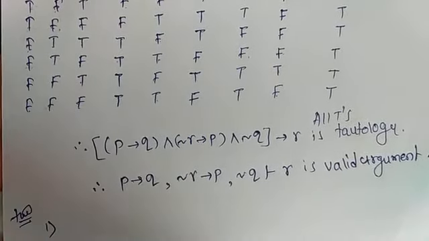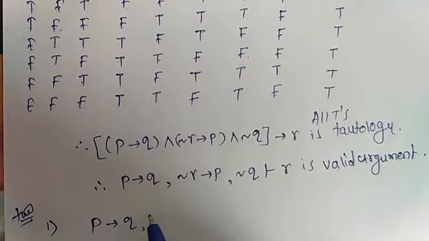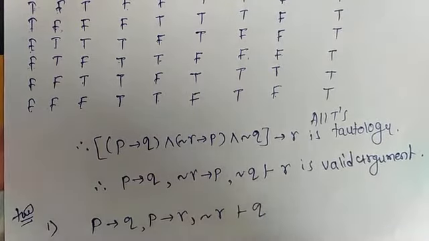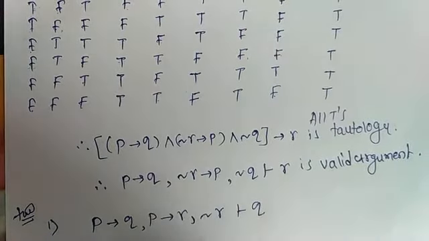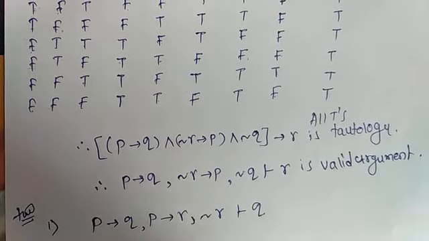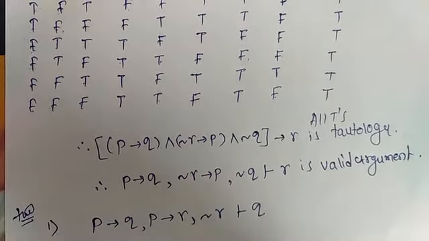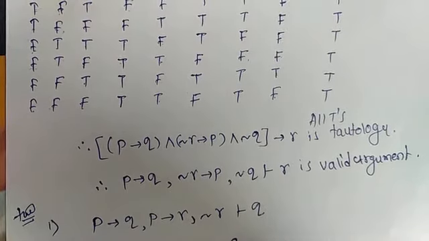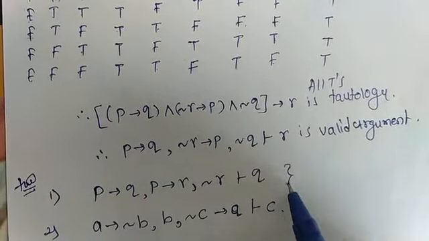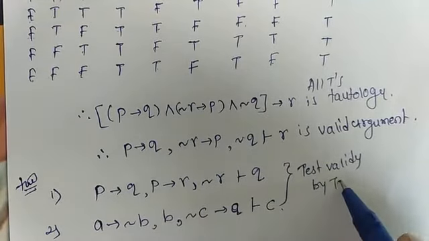You have to check the validity of P implies Q, comma, P implies R, comma, negation R, conclude Q. And the second example is A implies negation B, comma, B, comma, negation C implies A, conclude C. Test validity by truth table.